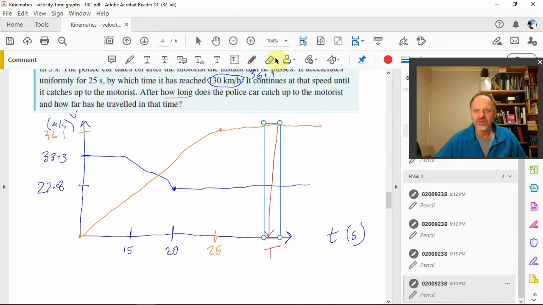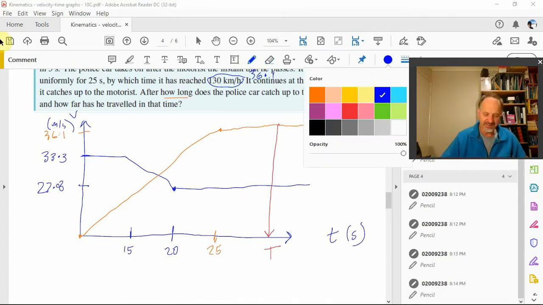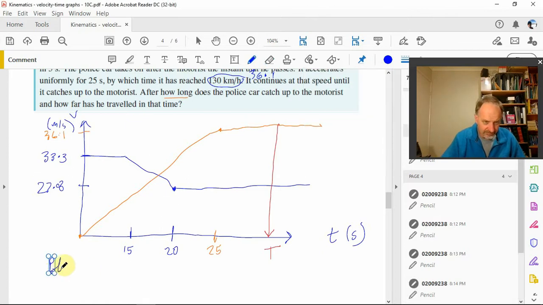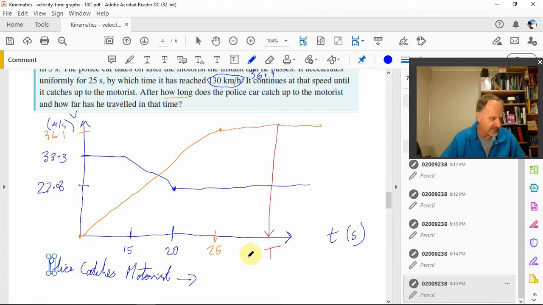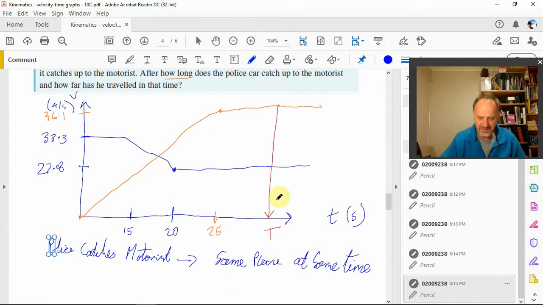For the police car to have caught the motorist, what that means is they are in the same place at the same time. The same place, from here, is distance. So same distance at same time.